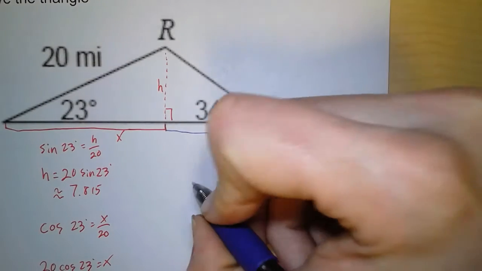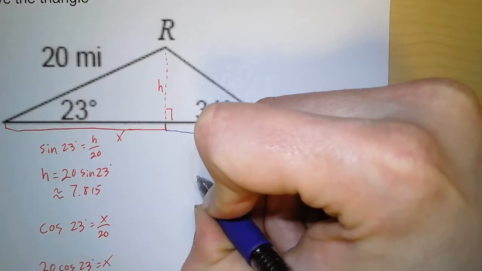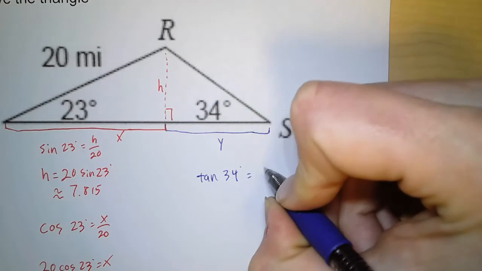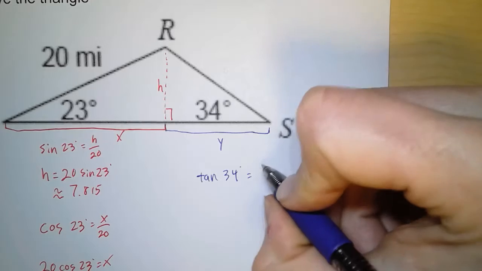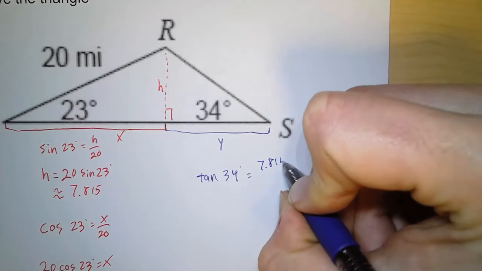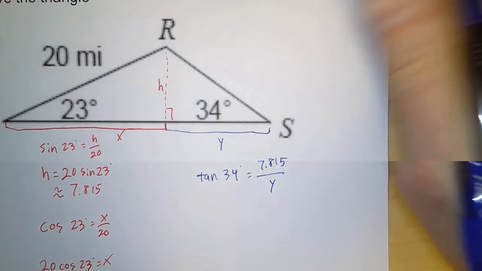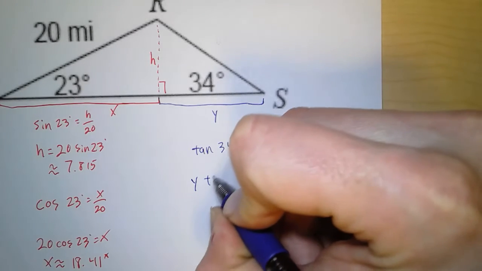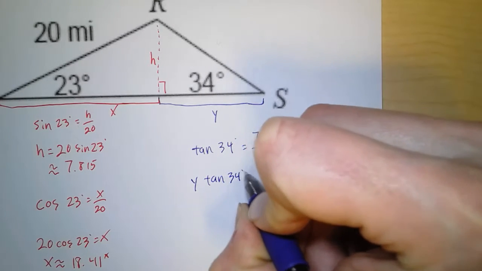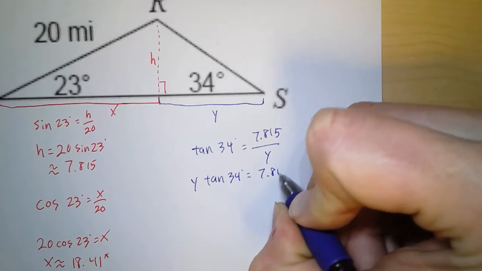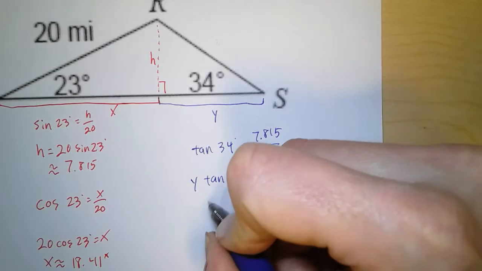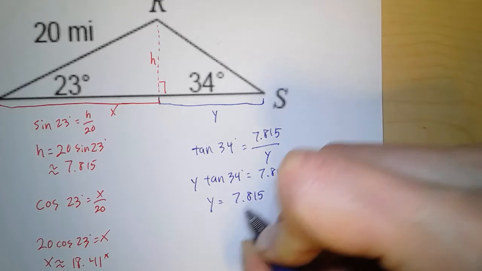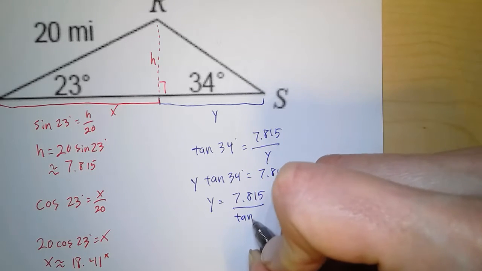So that means that tangent of 34 degrees equals h, which is 7.815, over y. So we'll multiply out the y. So y times tangent of 34 degrees equals 7.815, and then we'll divide by tangent. So we get 7.815 divided by tangent of 34 degrees.